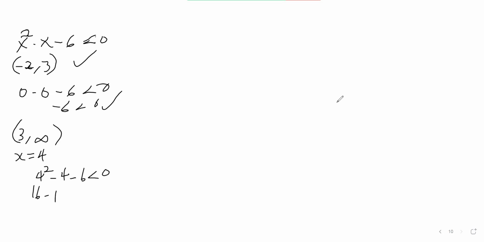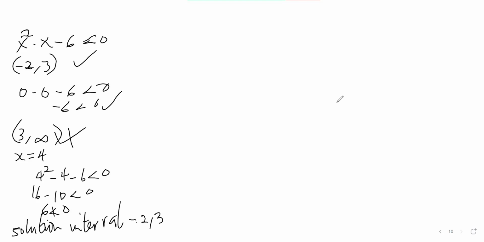Sixteen minus 10 is less than 0. 6 is less than 0. That's not true. So this one is not true. So the only solution interval is, as you've said, minus 2, 3.